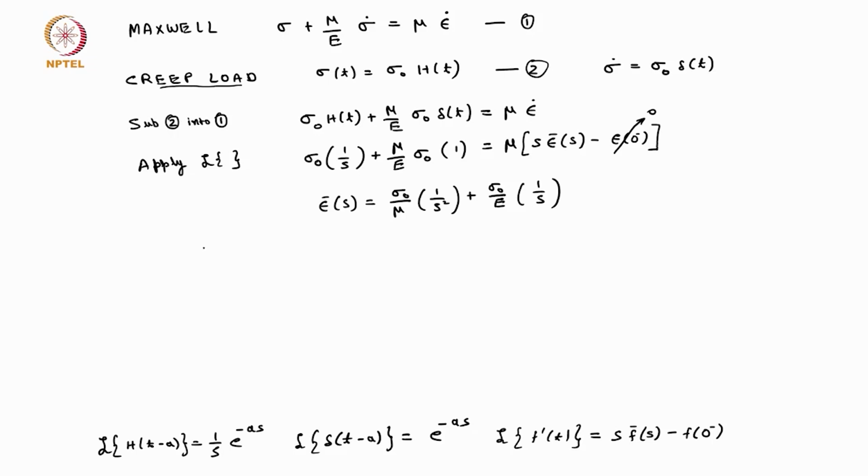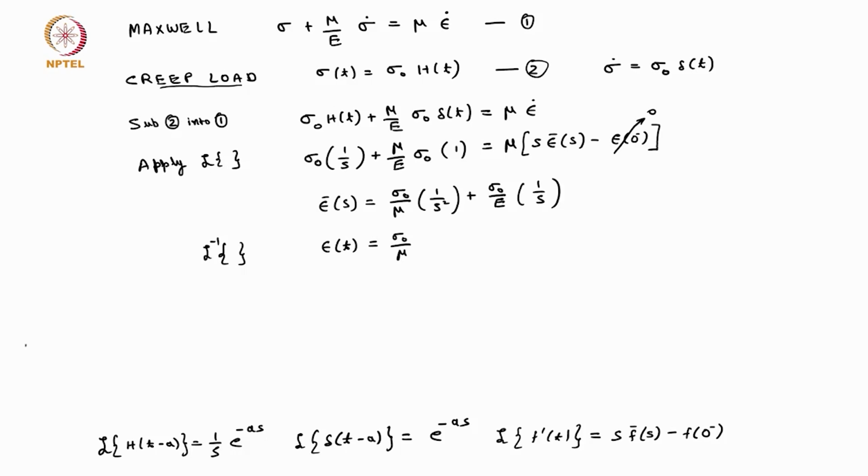So, we will now apply the inverse Laplace on both sides. So, the left hand side will be strain in the time domain, and it is given as sigma naught by mu times the Laplace inverse of 1 by s square.